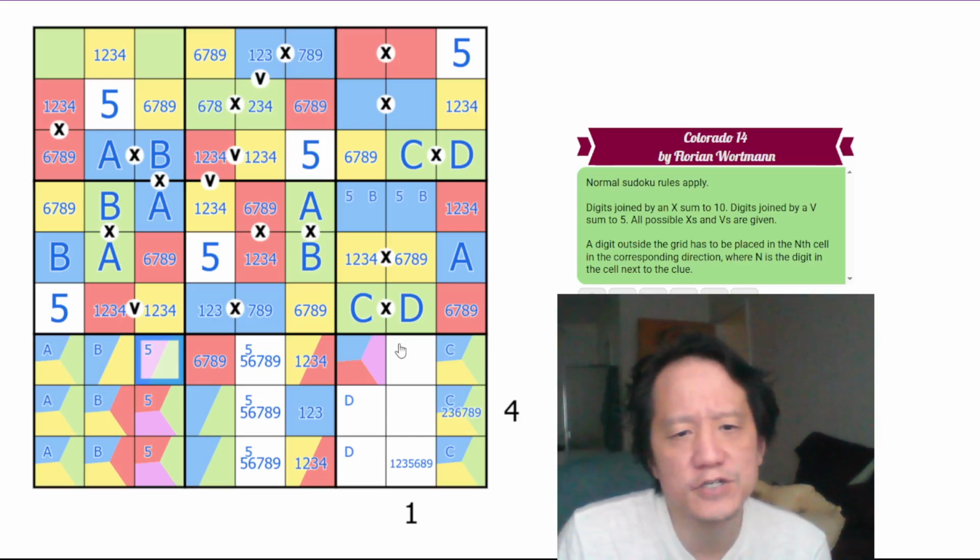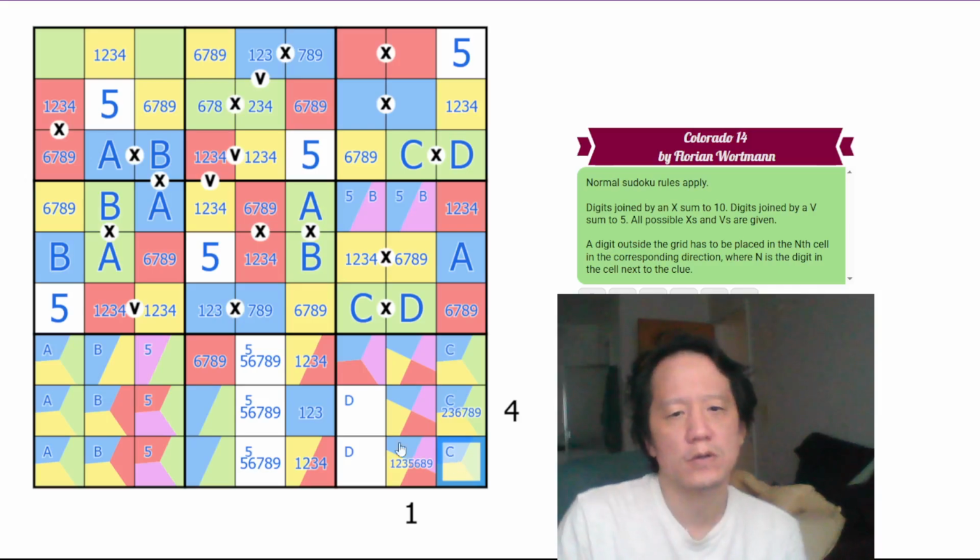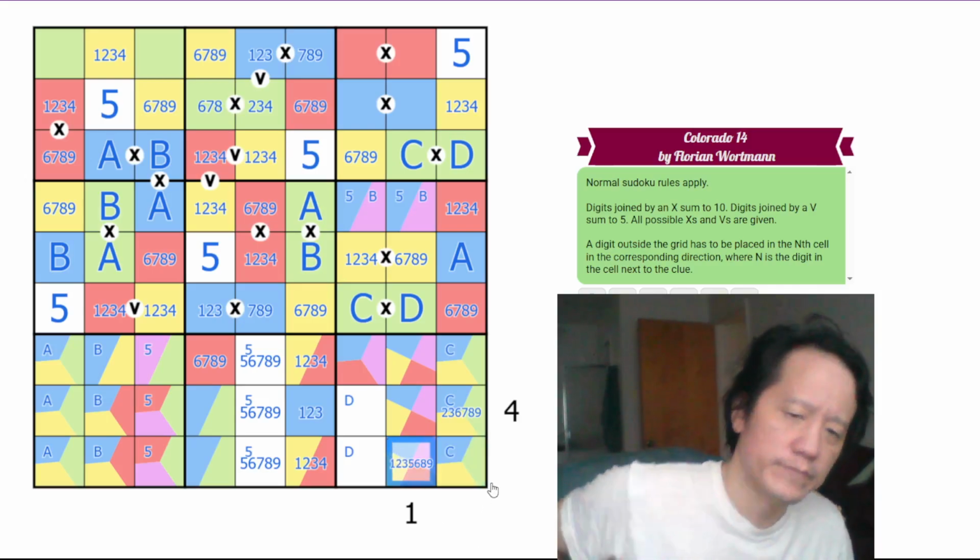What are the remaining digits in column 8, actually? So this is blue or pink. It cannot be green. It could be red, yellow, blue, or pink here. Okay.